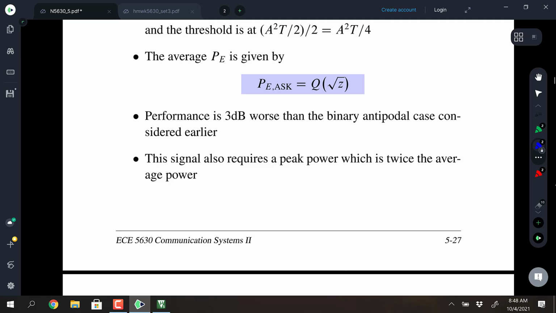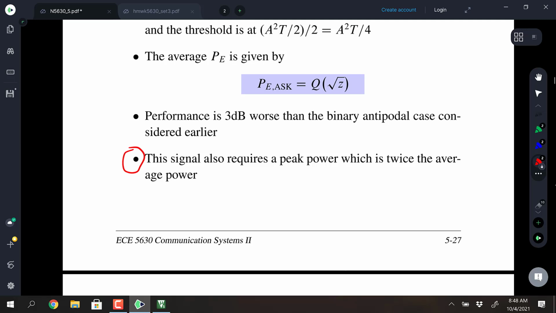It also has one notable negative, and that is that it requires twice the peak power, because the measure there in EB over N naught is the instantaneous value, but in terms of the performance measure, SNR, it'll be average EB over N naught.